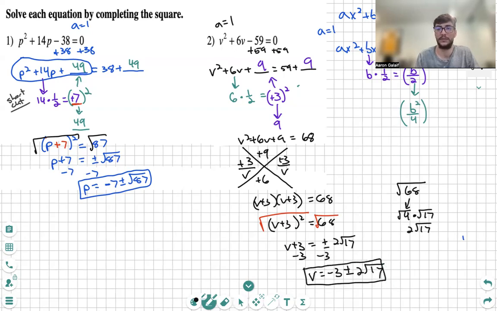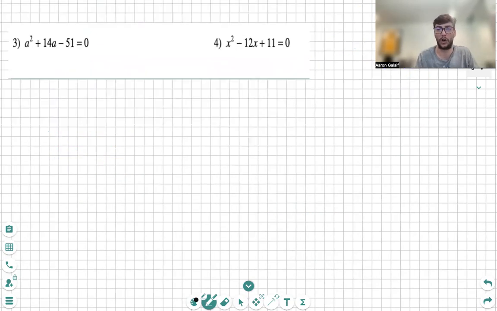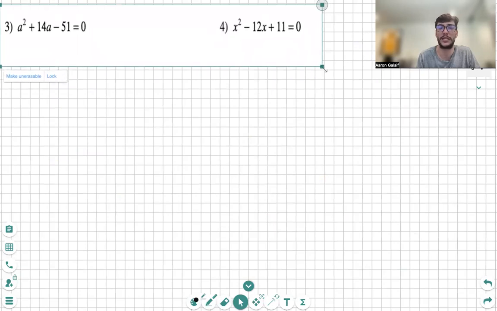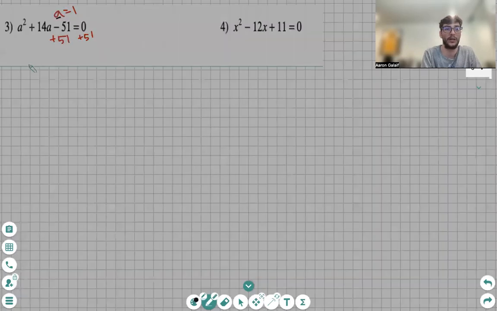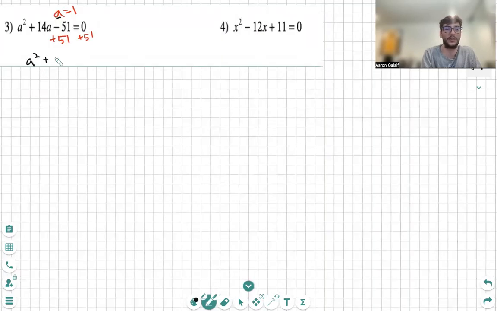Let's do a couple more. We're going to do one shortcut, one more long way, and you just decide from there which way speaks to you best. So again, let's start off. A is equal to 1. Add the C to the other side. This one, let's do the long one.